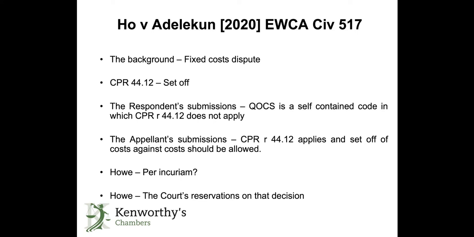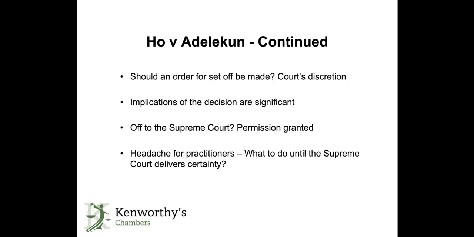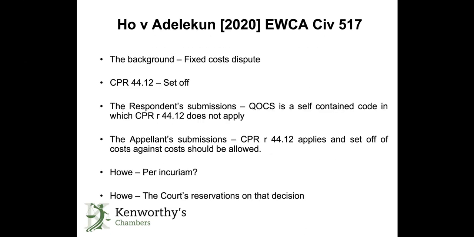But that wasn't the end of the matter as far as the claimant was concerned, and perhaps as far as practitioners are concerned, because it's fair to say that the Court of Appeal expressed reservations on the decision in Howe, and perhaps fairly serious reservations.